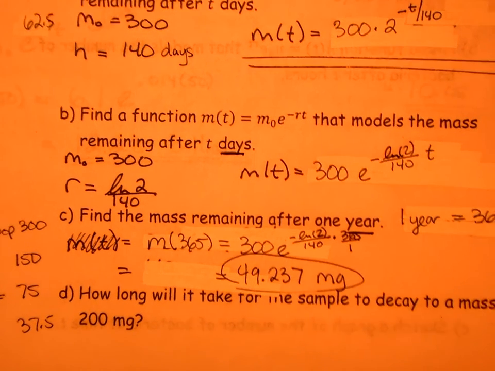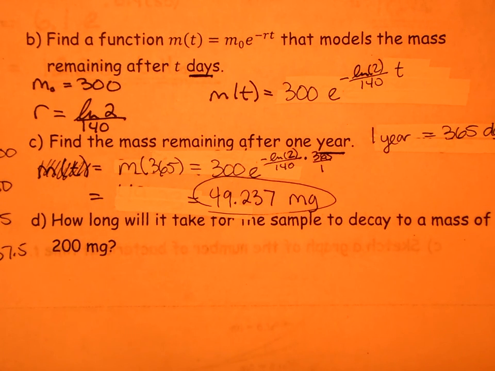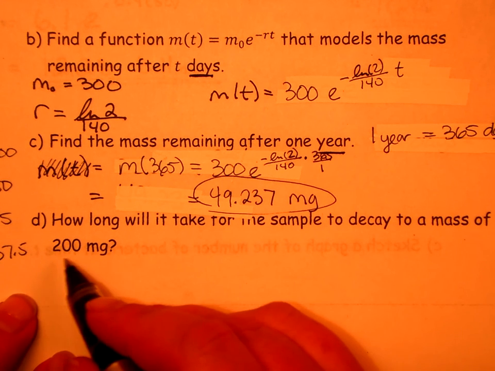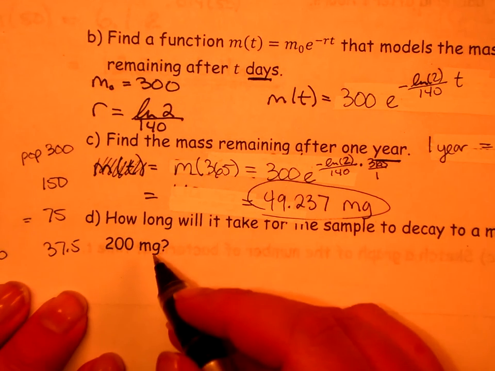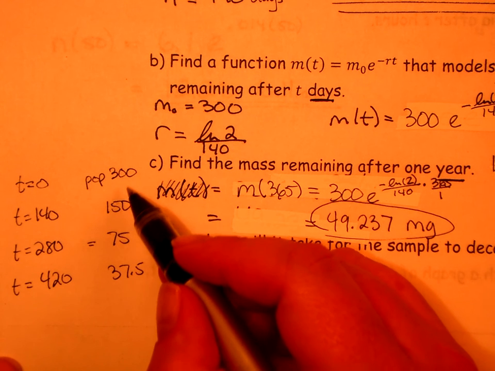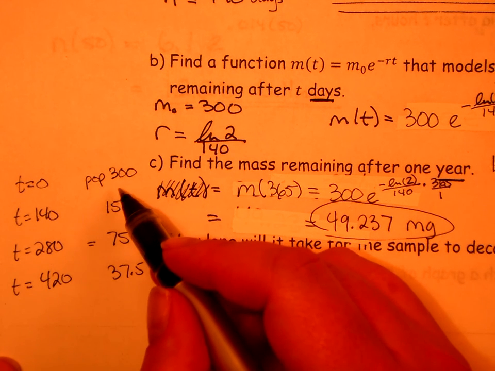Now, D asks, how long will it take for the sample to decay to a mass of 200 milligrams? So this is how much is going to be left. 200 is in the first halving period, because 200 fits between 300 and 150.